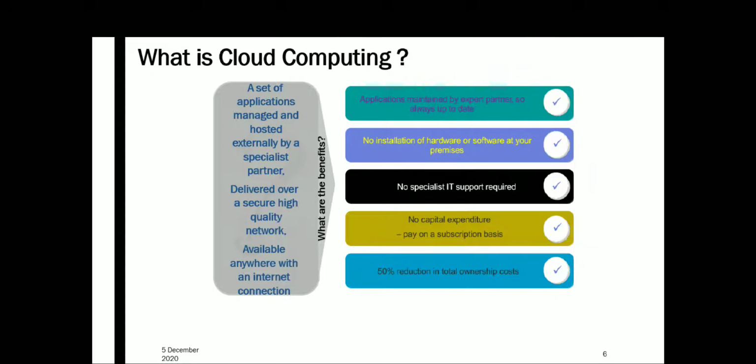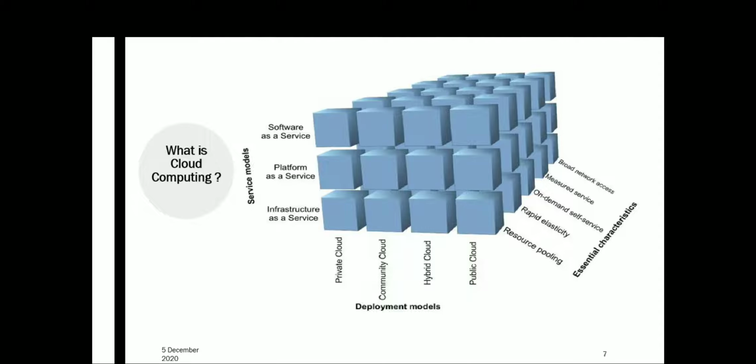So cloud computing has three dimensions. That is, it is related with the essential characteristics, deployment models, and service models. The essential characteristics of a cloud are broad network access, measured services, on-demand self-service, rapid elasticity, resource pooling, etc. Then deployment models.